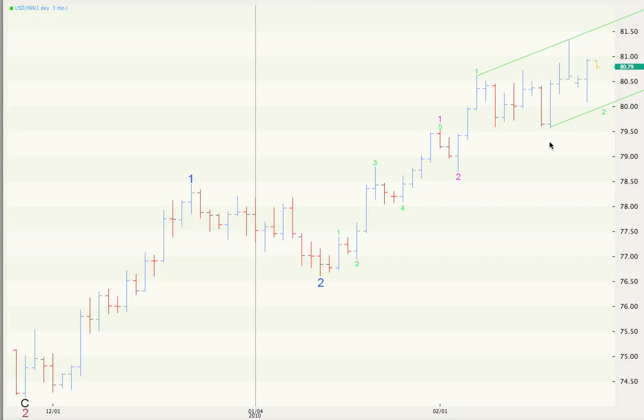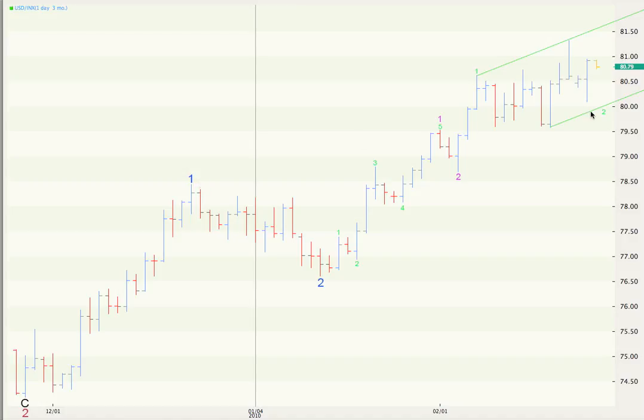I'll show you that a little bit more clearly on an expanded hourly chart, but before we go there, the target for wave 3 blue remains the same, upwards about 83.5, and the invalidation point, this wave count at the daily level and the hourly at the moment, will be invalidated by movement below 78.44, which we certainly don't expect at this stage.